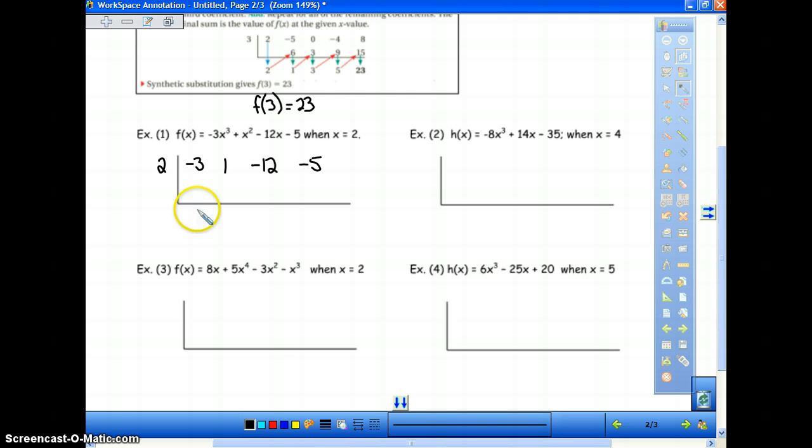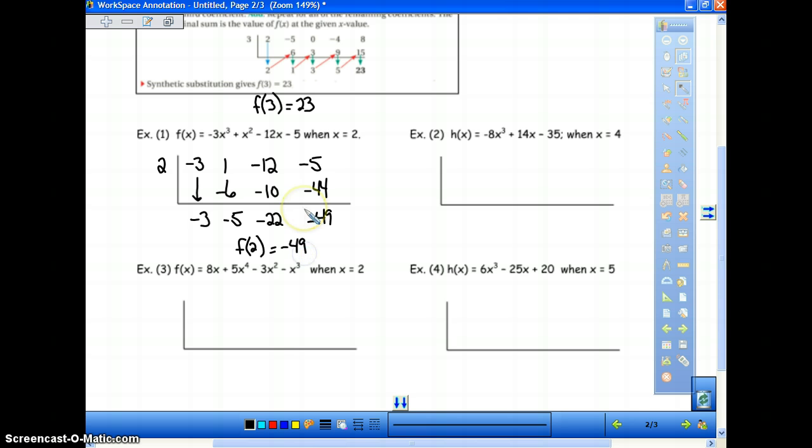We bring straight down our -3. 2 times -3 is -6. 1 plus -6 is -5. 2 times -5 is -10. -12 plus -10 is -22. 2 times -22 is -44. And -5 plus -44 is -49. So therefore, f of 2 is going to equal -49.